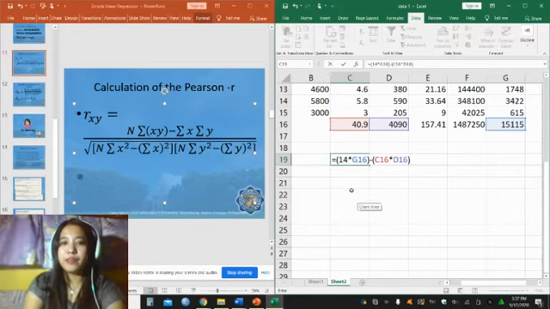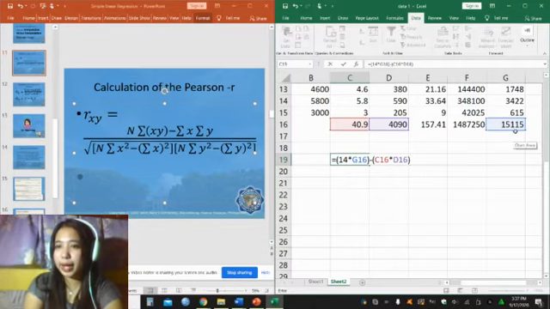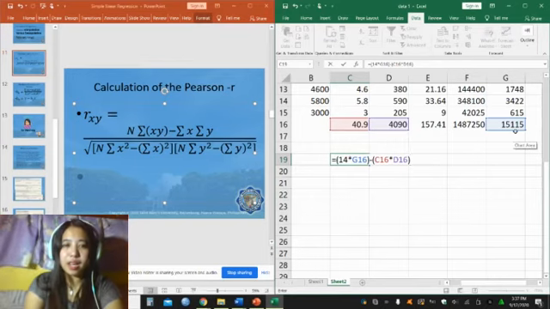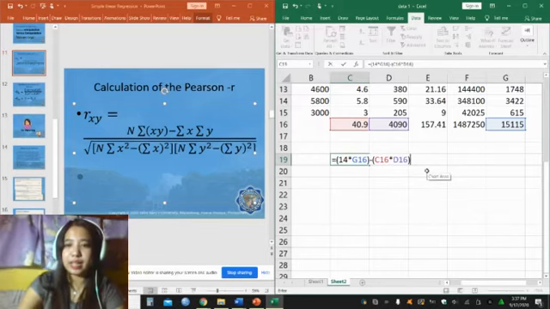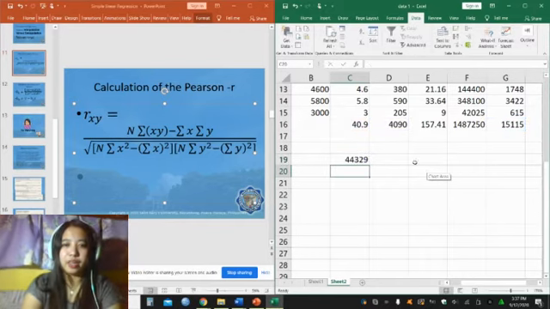We have 14, which is the sample size, multiplied by the summation of XY, 15,115, minus the product of the summation of X and the summation of Y, which are 40.9 and 4,090. Then click OK. So this will be the value in the numerator.